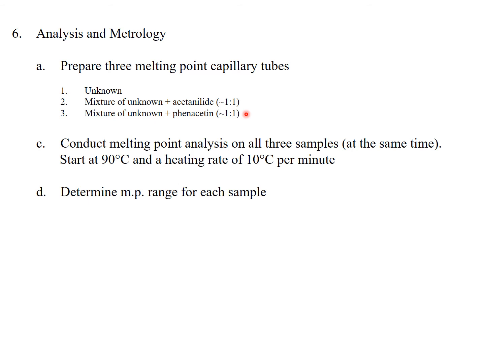And then we're going to heat these samples up, and we're going to watch at what temperature they start to melt and at what temperature they're all melted. That's a melting point range. Okay, so we're going to start the process at 90 degrees C, and we're going to heat it at a rate of 10 degrees per minute and determine the melting point. I'm going to show you the apparatus on the next slide here.